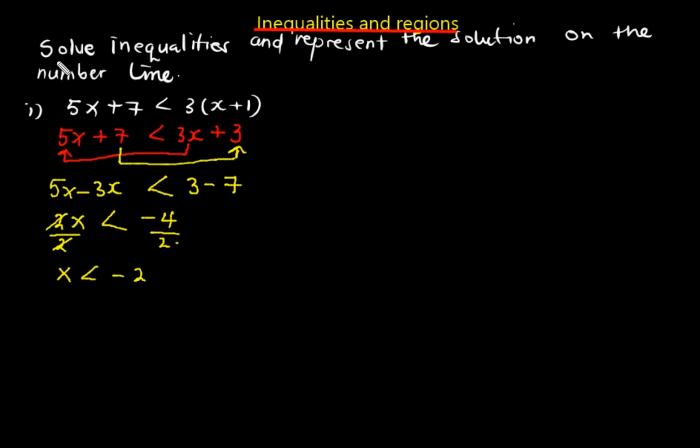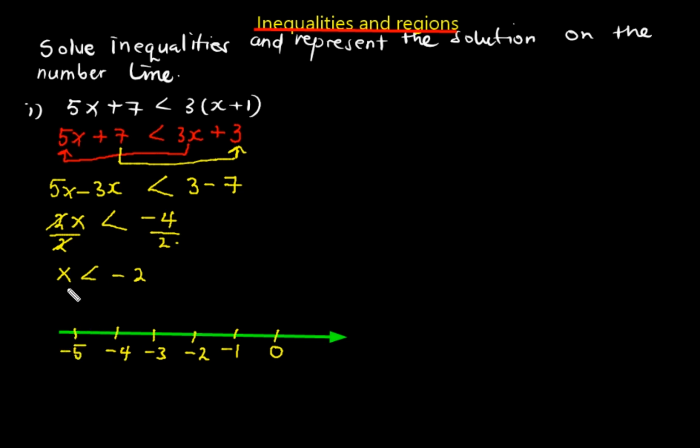Remember, they are telling us to solve inequalities and represent the solution on the number line. Therefore, we have to draw the number line. That is our number line. We shall have 0, negative 1, negative 2, negative 3, negative 4, negative 5.